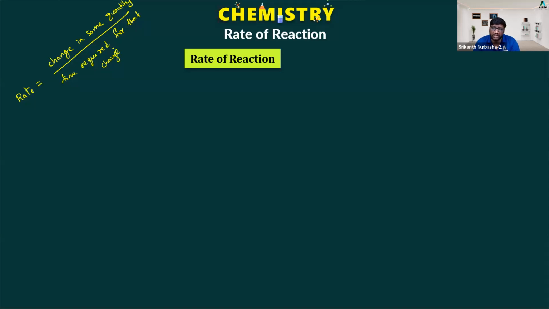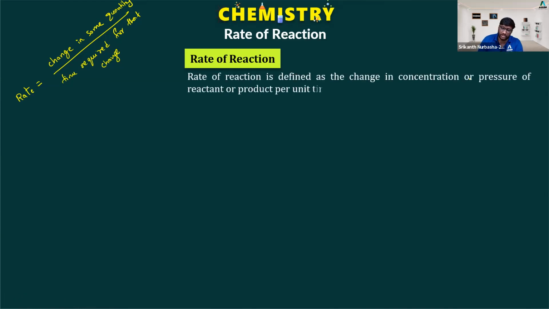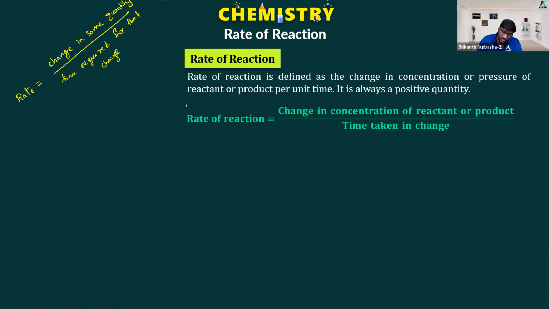In a chemical reaction, generally concentration changes, or if all the reactants and products are in the gaseous state, then pressure can change. So rate of reaction is defined as the change in concentration or pressure of the reactant or product per unit time. So it is always a positive quantity. Rate of reaction is equal to change in concentration of reactant or product divided by the time taken for that change.